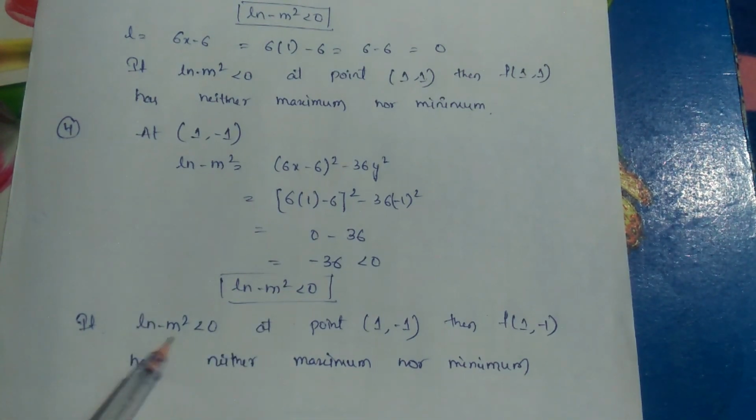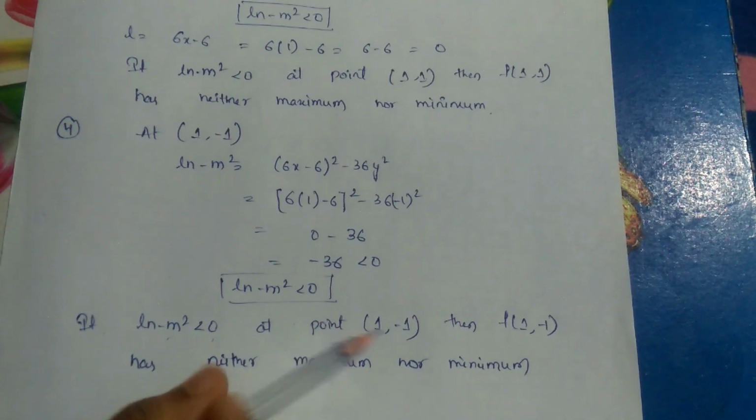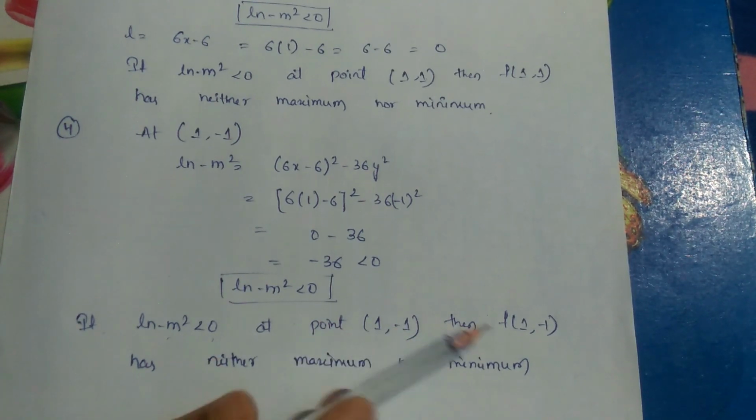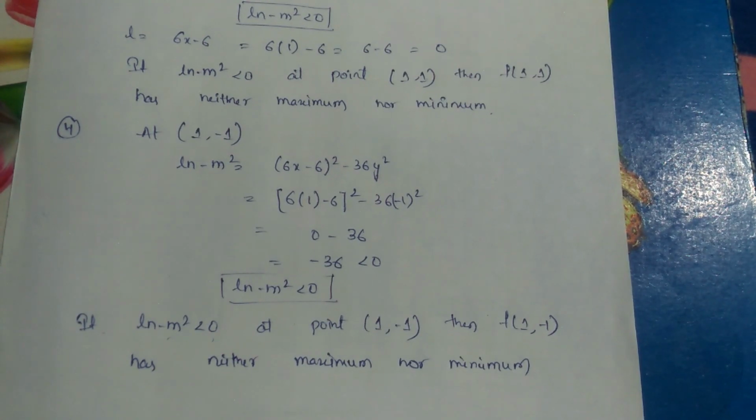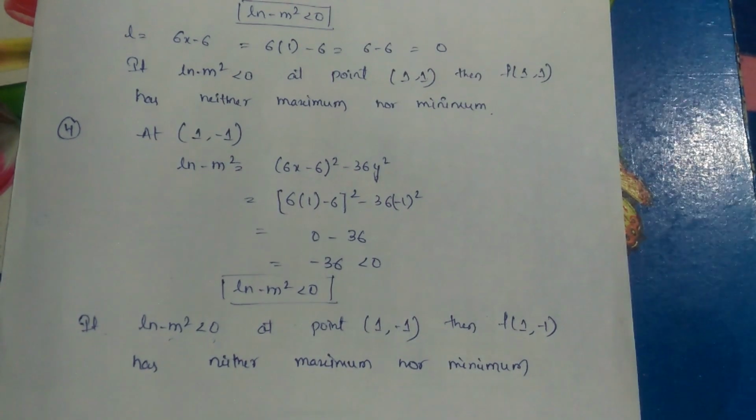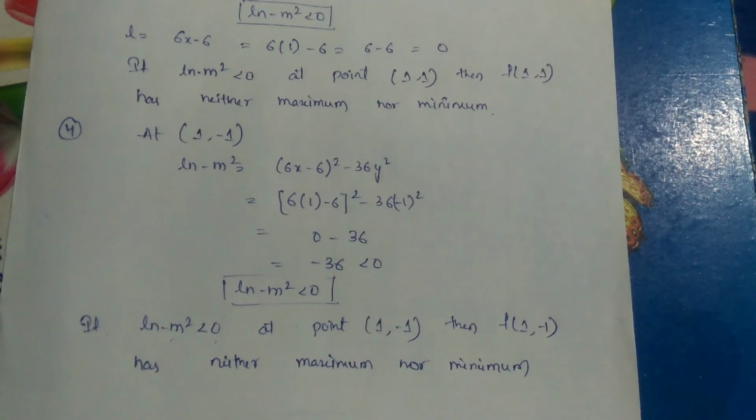So if ln minus m square is less than 0 at the point (1, minus 1), then the point has neither maximum nor minimum value. So in this way we solve the given function when we have to find out the maximum or minimum values, and it is of two variables x and y. Thank you.